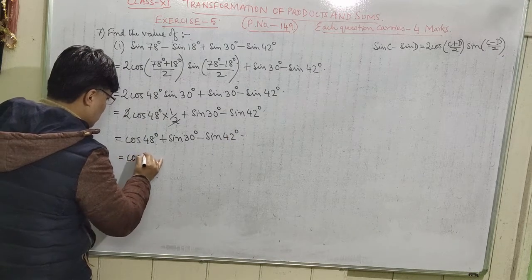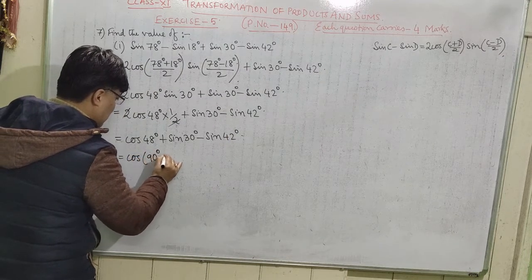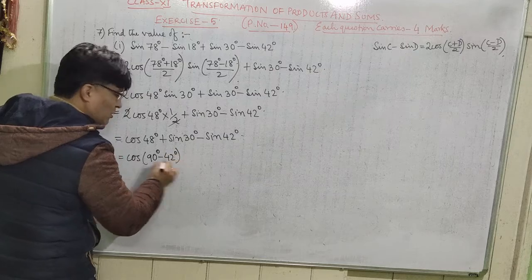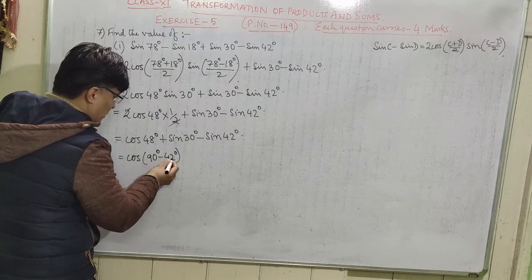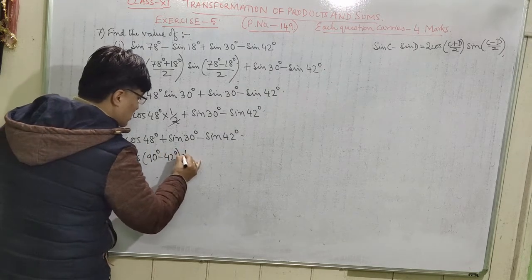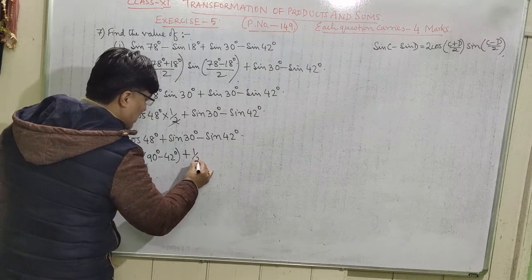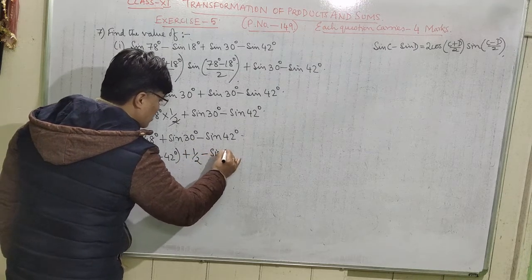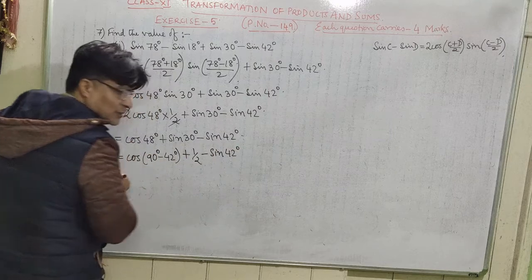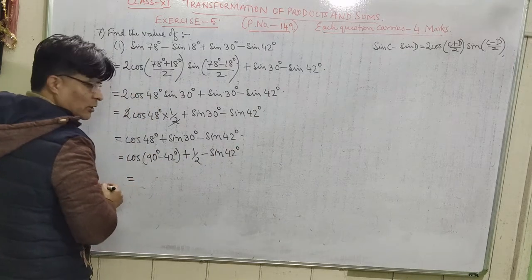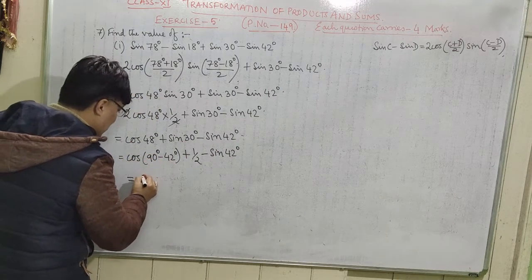So this is cos of 90 degree minus 42, and you know that 90 degree minus 42 degree is 48. Plus sine 30, which is half, minus sine 42 degrees kept as it is. Okay. So what is cos 90 minus theta?